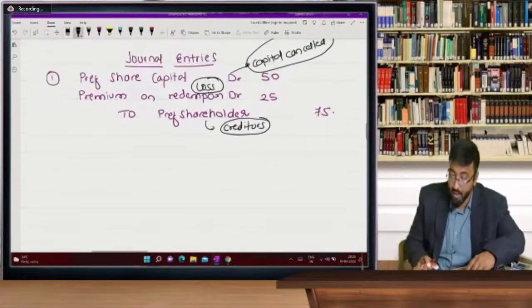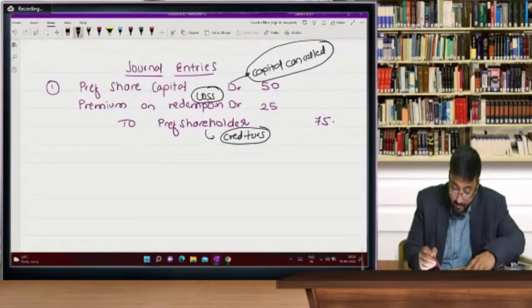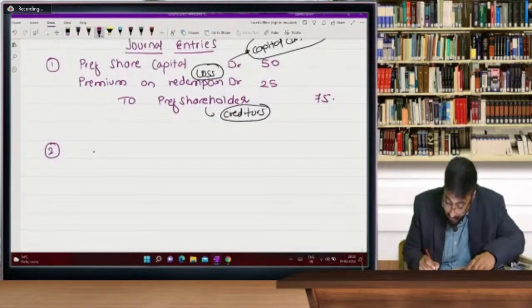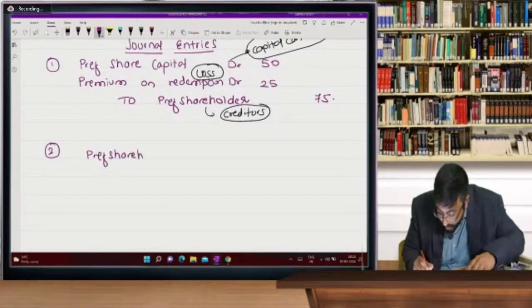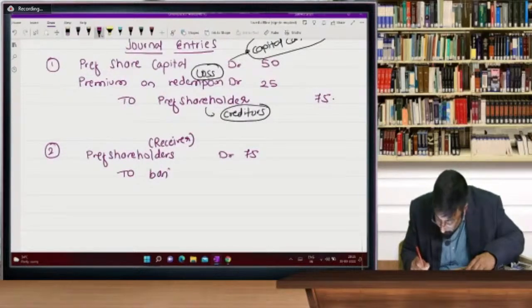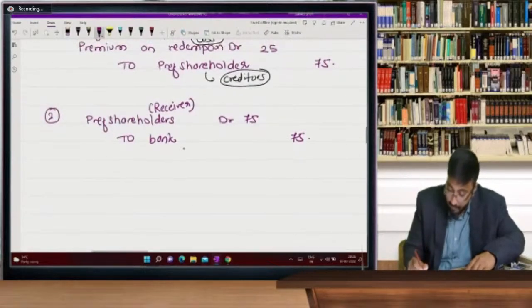So preference shareholder account credit. Creditor becomes receiver. So preference shareholders account debit, as they are receiver, to bank 75. Cash goes out.